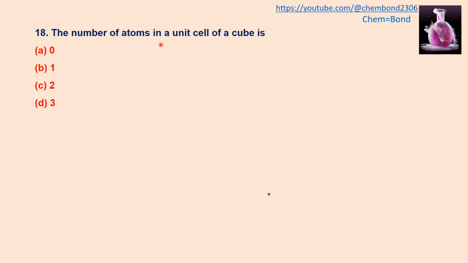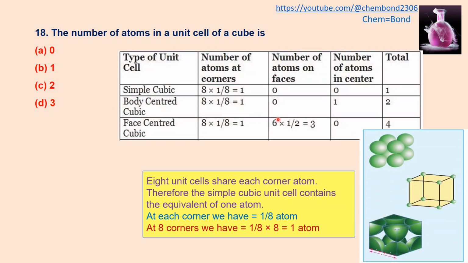The number of atoms in the unit cell of a simple cube is 0, 1, 2 or 3. If we look at the cubic structure, the 8 atoms are located at the 8 corners of the unit cell.